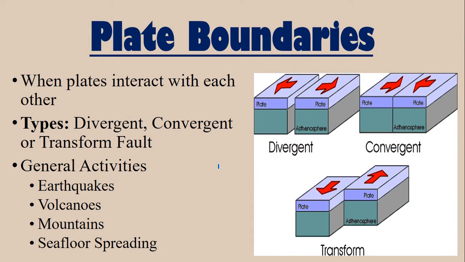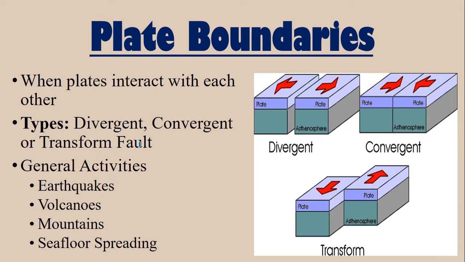Now, plate boundaries. This is when plates interact with each other. And there's three main types of plate boundaries: divergent, convergent, and transform fault. In class, I usually teach a motion. I take my two fists and I pound them together for a convergent.